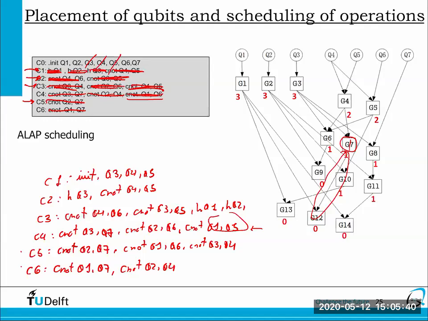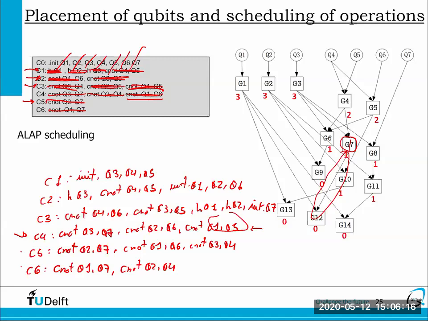Then the others, let me see which ones I need to initialize here. I need to initialize Q1, because I'm using it in the next cycle. I need to initialize Q2, Q6, and Q7. I'm not using Q7 till C4, right? So I can initialize Q7 here. And then I'm done.